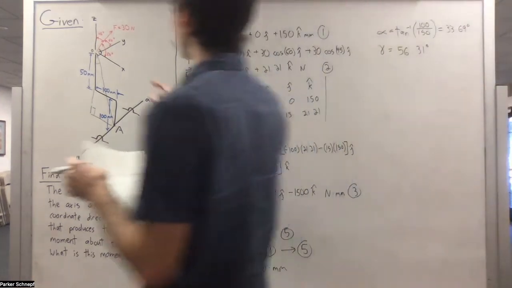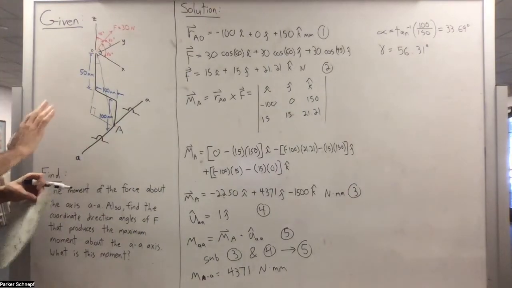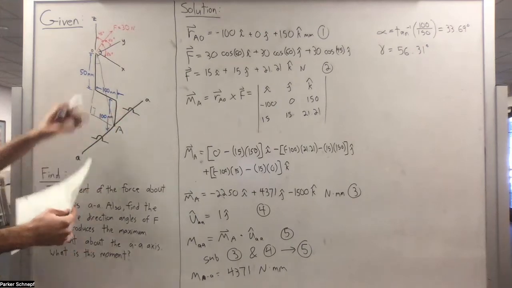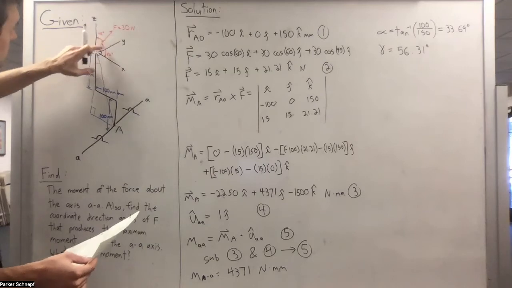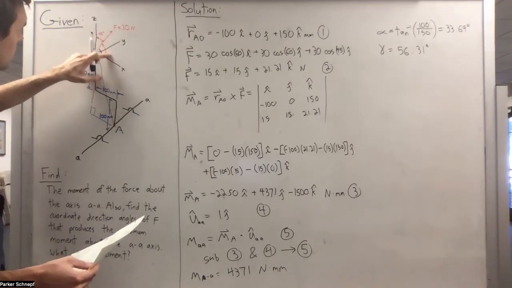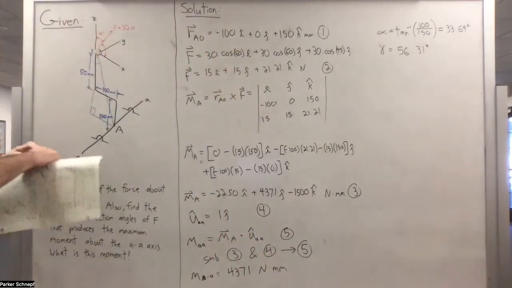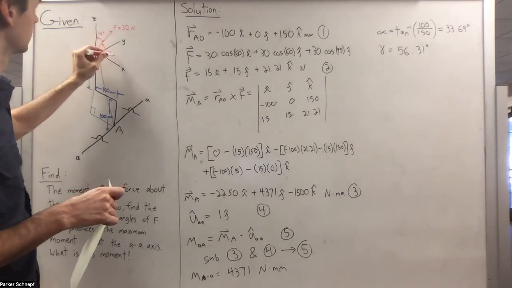So the force vector will have no y component, because the y component of the force doesn't contribute to the y component of the moment at all. So we're taking this away, and we'd be making this 33.69.